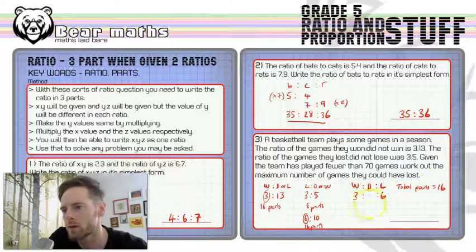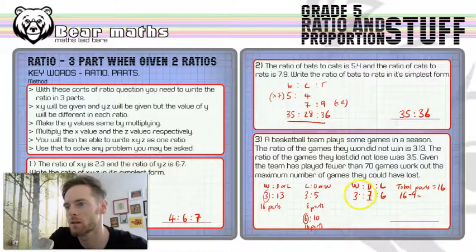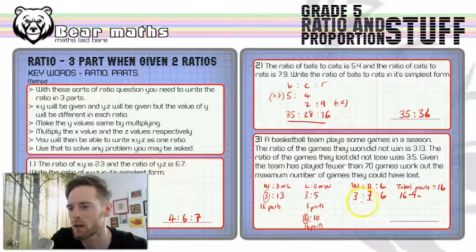So that at the moment equals 9. So 16 minus 9 is going to be the missing number, all right? And that's going to be 7. All right, so the ratio of games that they've won to drawn to lost is 3 to 7 to 6. All right, that equals our 16 parts that we made it.